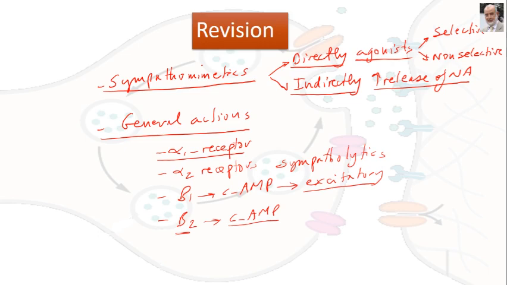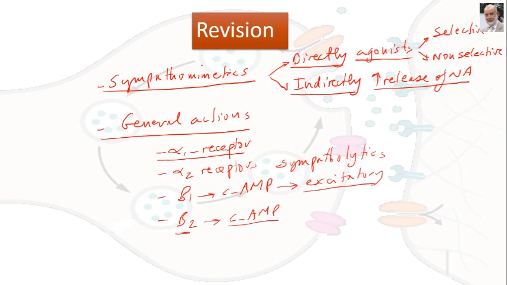So we talked in general about actions on the smooth muscles of the bronchioles, of the eye, of the blood vessels, of the uterus, and we talked about the action on the heart as well as action on metabolism. Today we'll speak about the specific action of each sympathomimetic and its vital clinical application.